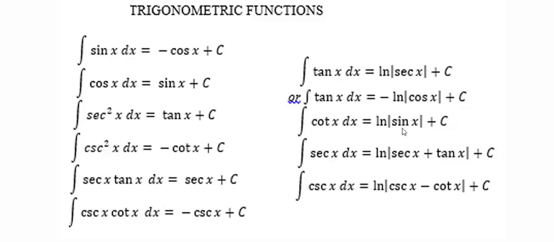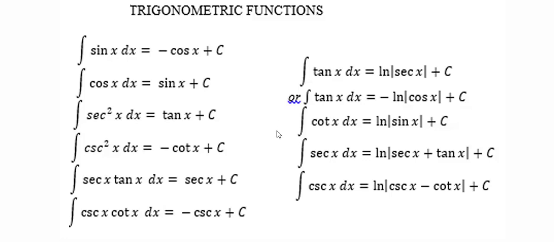So when we have an integral involving trig functions, baka magamit natin yung mga formulas na ito, besides yung power rule at saka yung integral involving exponential function. So mas dumadami yung possibilities when we have other functions on the integral.